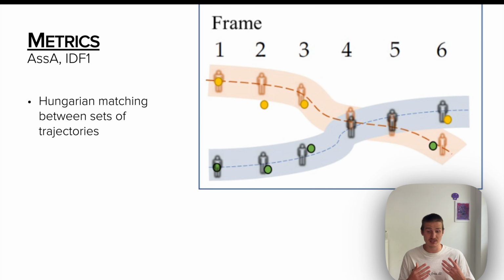And so to decide how to match one to the other, we're also going to perform this Hungarian matching. But now we'll look at the entire trajectory. And as actual metric, we'll use either the accuracy, which is just the actual intersection between the true trajectory and the predicted one that got matched, or the slight rebalance of this one called IDF1, which is basically measured a little bit differently to give more weight to recall as opposed to just precision.